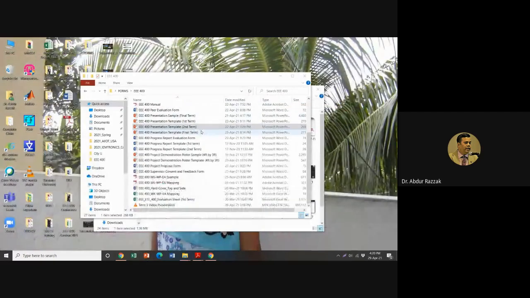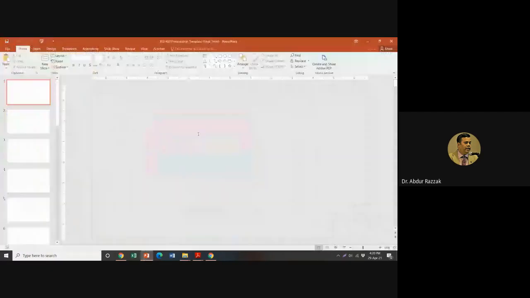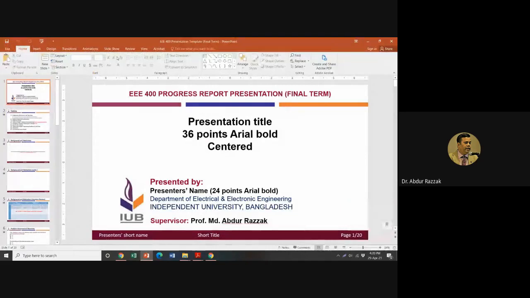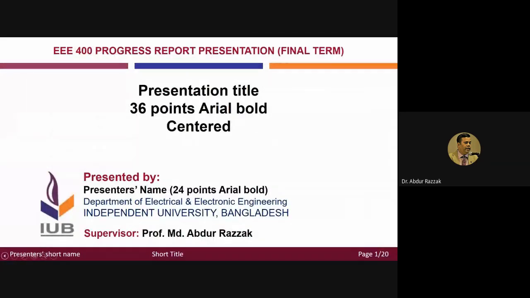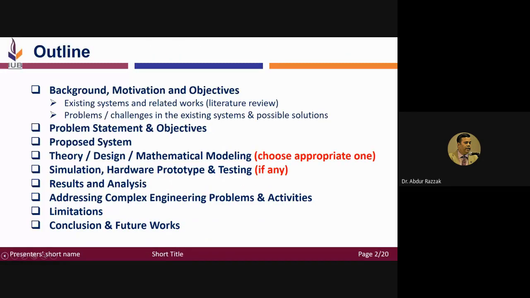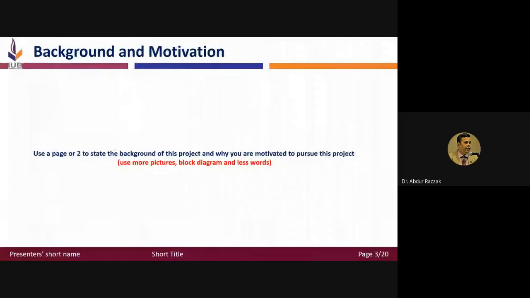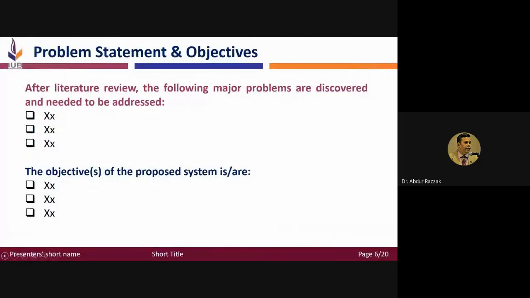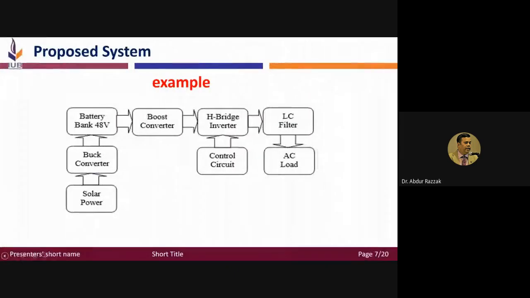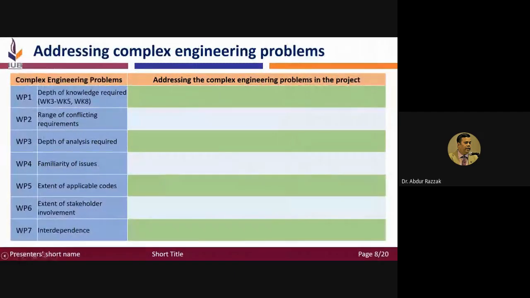And the final term is actually the presentation of your whole project. This is the whole project. So it will start from the outline, then background, motivation, literature review, problem statement, objectives, proposed system. Everything is there.